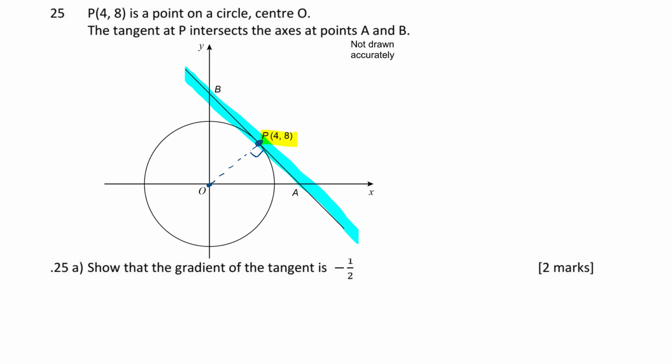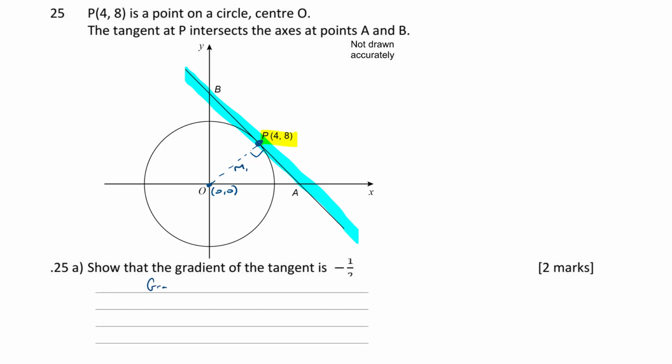So the point O is the point (0, 0), and the point P is the point (4, 8). So we can find the gradient of that line. Let's call that M1. So the gradient of OP, which is M1, is going to be y2 minus y1 over x2 minus x1, isn't it? That's the formula for finding a gradient.